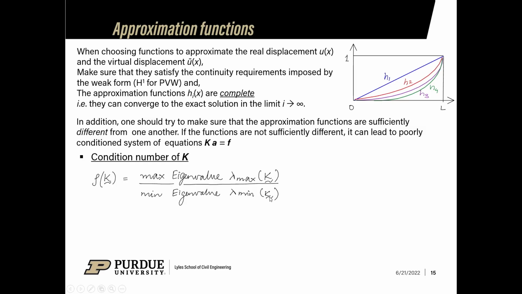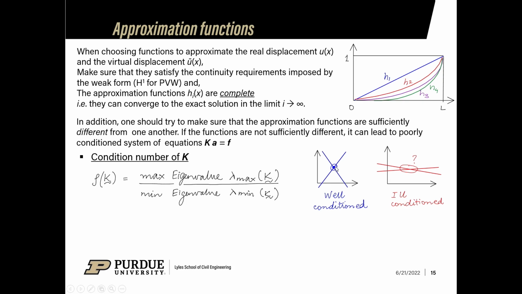One way to interpret that, for just a 2 by 2 stiffness matrix, is that if we are solving two linear equations, those two equations would be represented by straight lines on an xy plane, for example. Wherever those two lines intersect is the point that gives the solution to the linear system of equations.